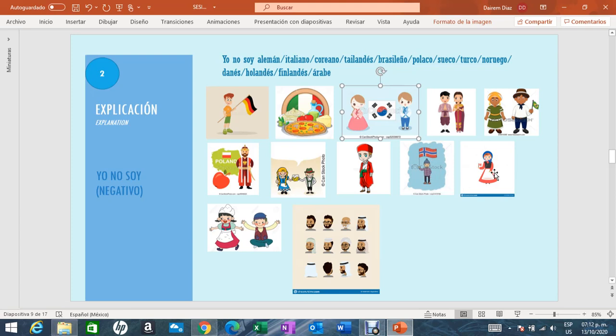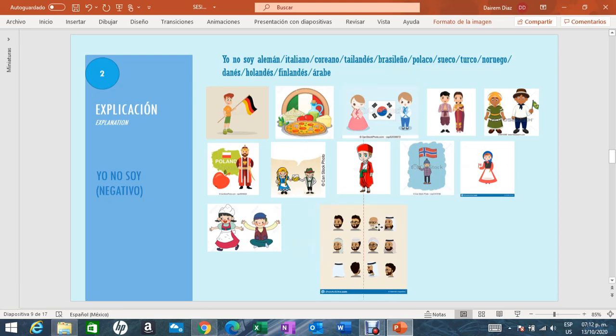Yo no soy danés, from Denmark. Yo no soy holandés, from Holland. Yo no soy finlandés. What? I'm missing another image once again. Noruego, danés, holandés. I think I don't have a finlandés here.